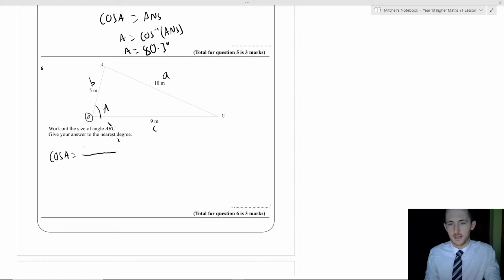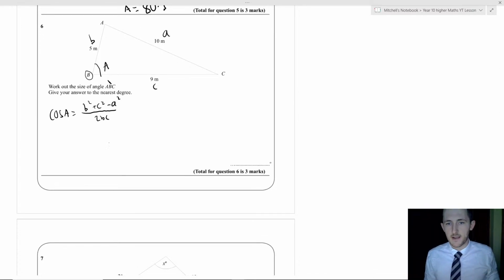So it should be b squared plus c squared minus a squared over 2bc. I apologise for that. And if we sub in the numbers now, we have 5 squared plus 9 squared minus 10 squared over 2, 5, 9. That's it. And then our angle is going to just be what we type in, okay?